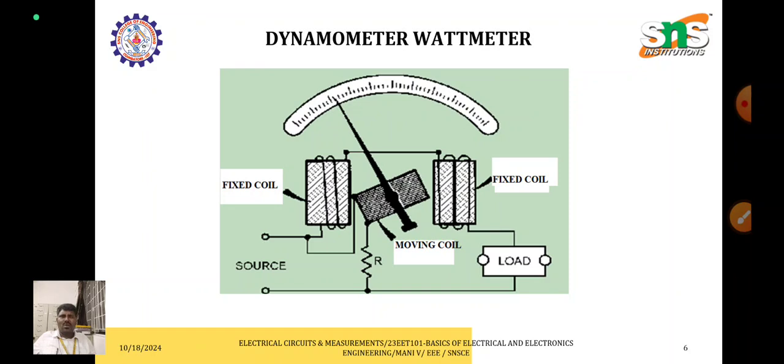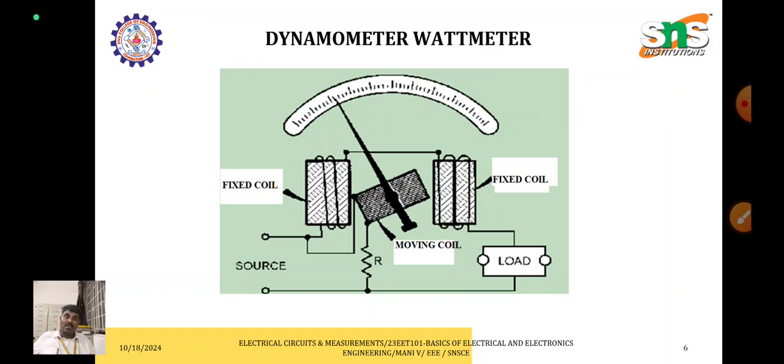So the current coil always has less resistance, so that the majority of current goes directly from source to load. The current coil has fewer turns and thick wire, which helps maintain low resistance.